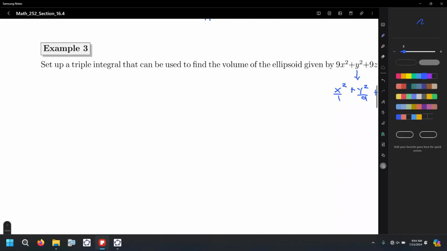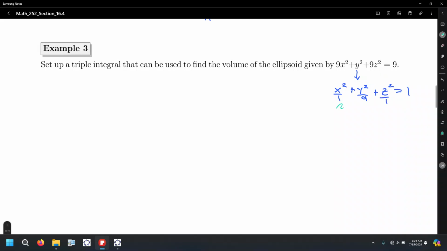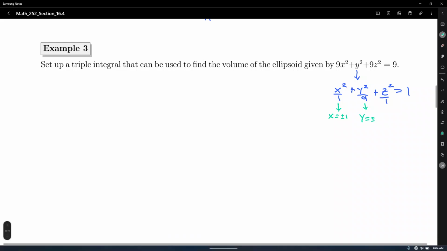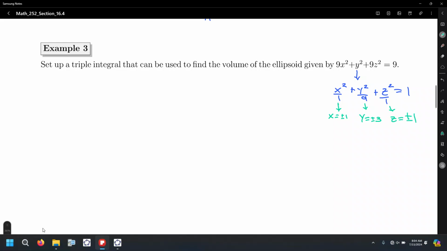So, this means the x-intercepts are plus or minus 1. The y-intercepts are y equals plus or minus 3. And the z-intercepts are, again, plus or minus 1. Right? Let's verify that graphically.